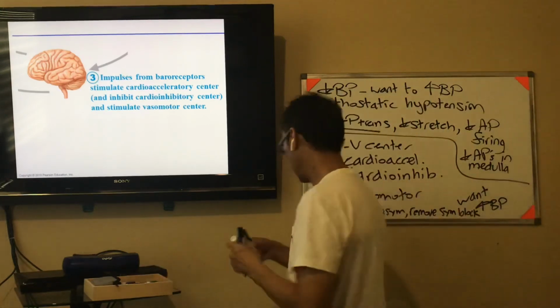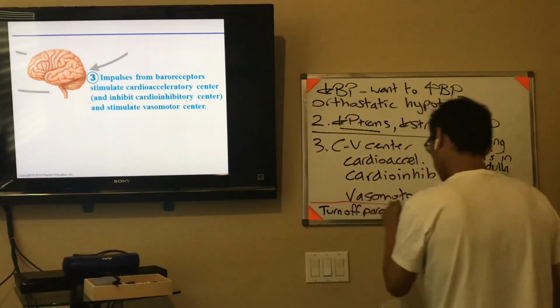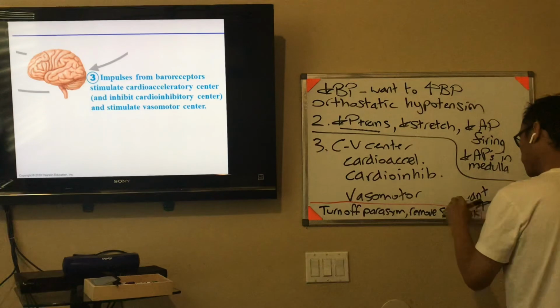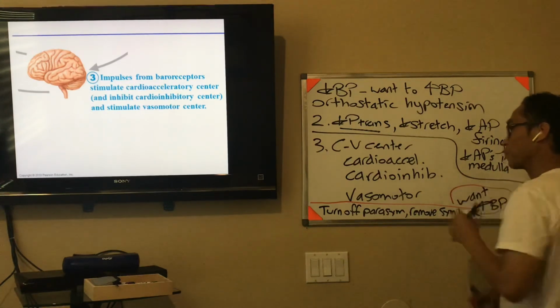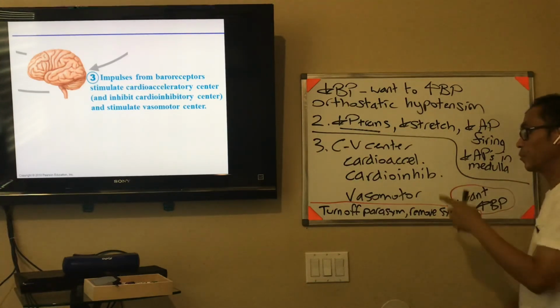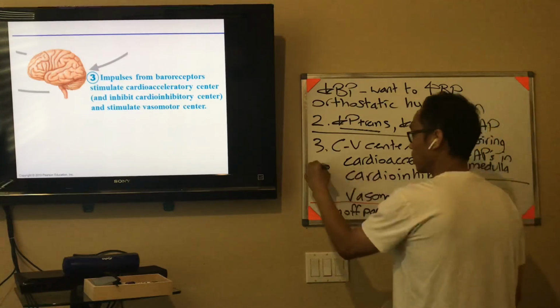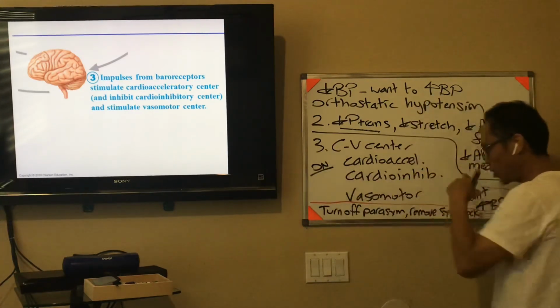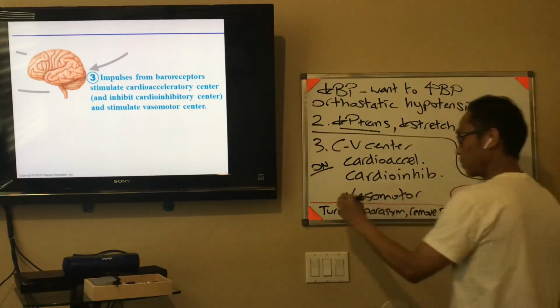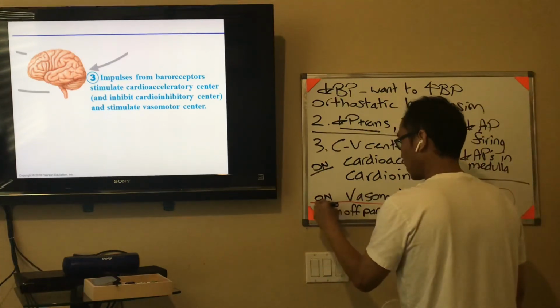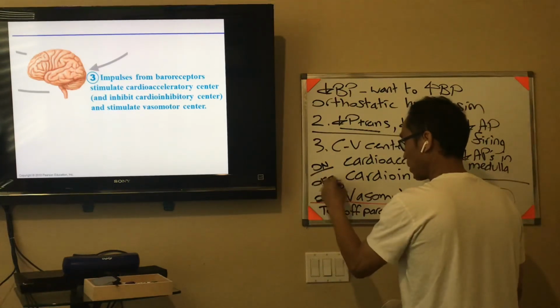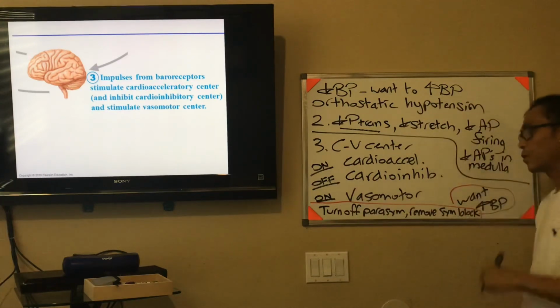Emphasize that there. So what you want to do is turn that on. You want to increase that sympathetic tone. Turn on the vasomotor center. You turn off the cardio inhibitory center.